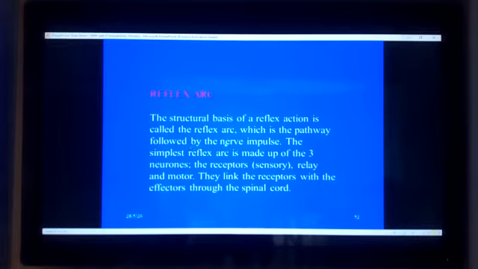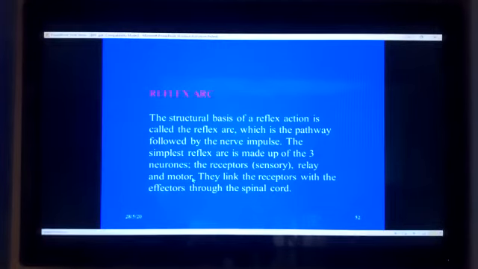The nerve cells, the simplest of the reflex arc, constitute three, beginning with a sensory neuron, which relays information into the interconnector neuron, and we said that it is entirely located within the spinal cord. And then the last neuron is a motor neuron, which is connected to the effectors, which bring about expected responses.